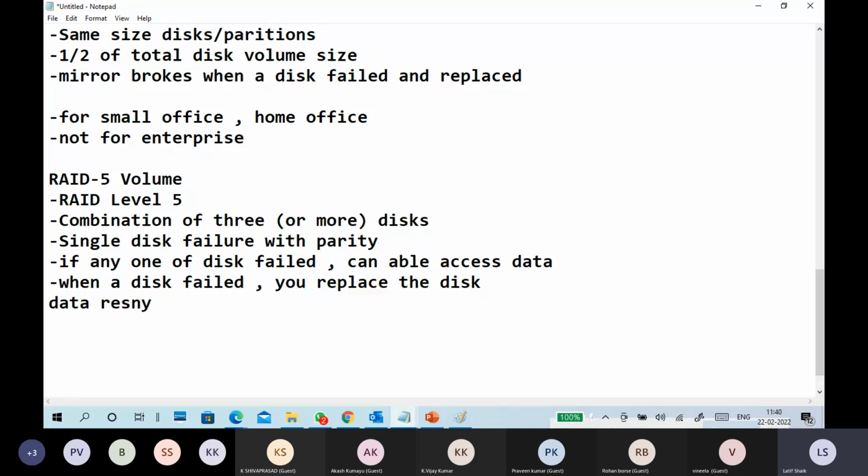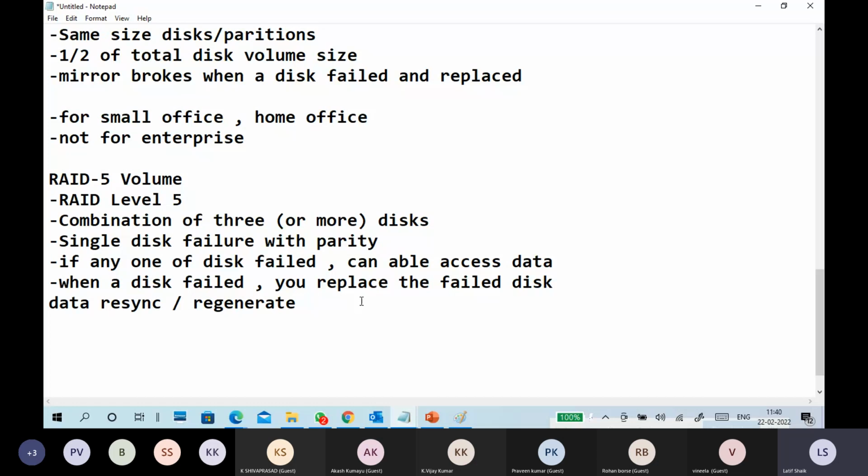Resynchronization. So I put a resync for understanding. Data resync or regenerate when you replace the failed disk, or you repair the disk.